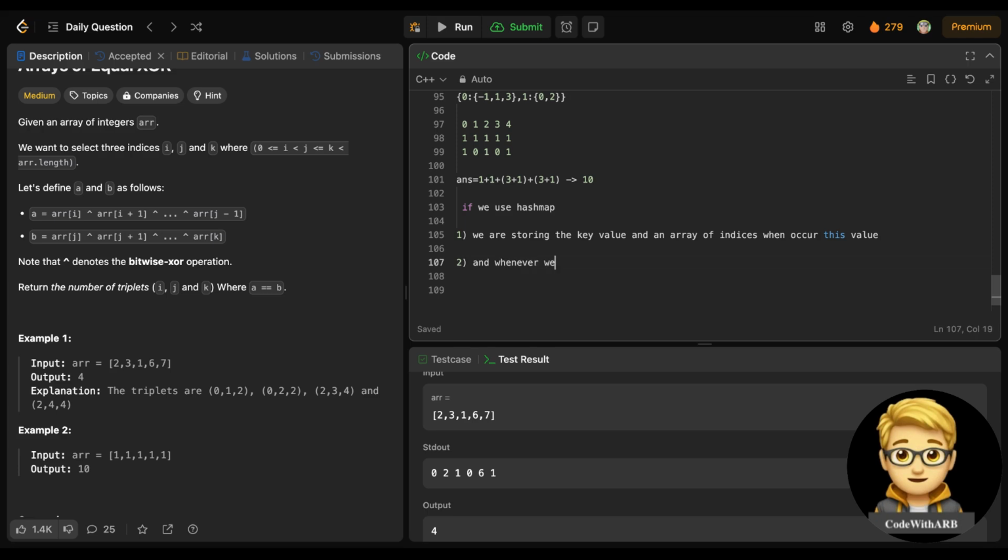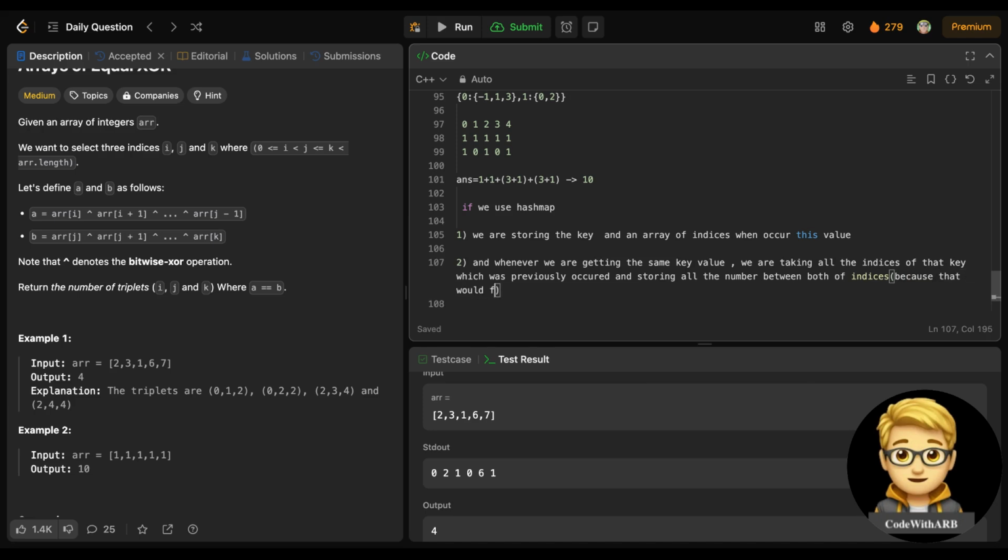Whenever we get the same key, we take all the indices of that key which previously occurred, and we count all the numbers between both of the indices, because that would be our answer, because that would form a triplet value.